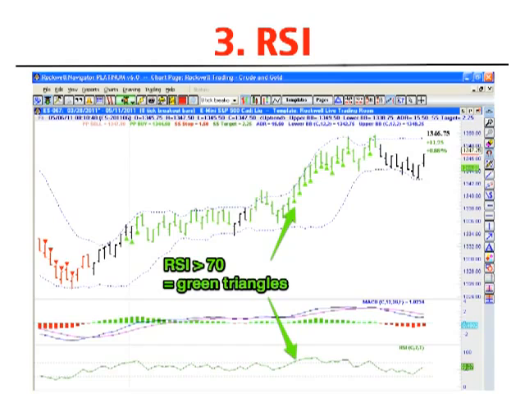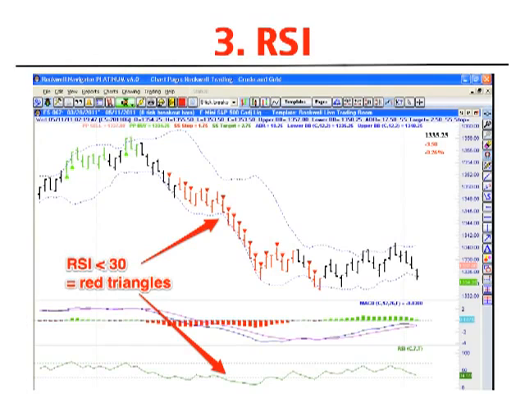And that's when I'm plotting the green triangles under the bars. And in a downtrend, the RSI will move below 30 and stay there for a while. And that's when I plot the red triangles on the chart. Again, I use the RSI to confirm the signals from the Bollinger Bands and the MACD.